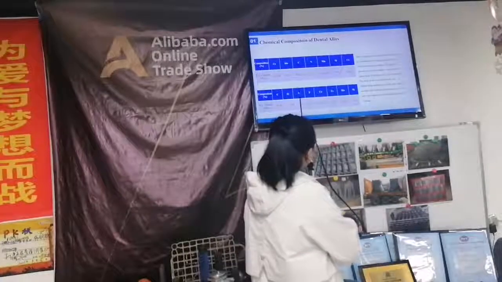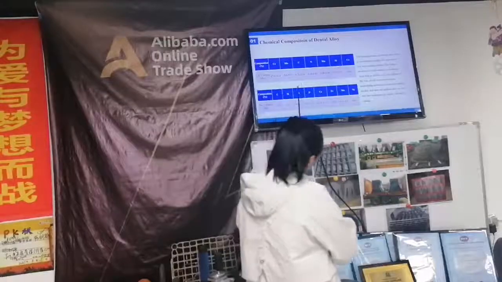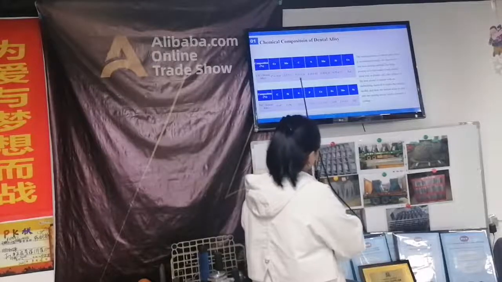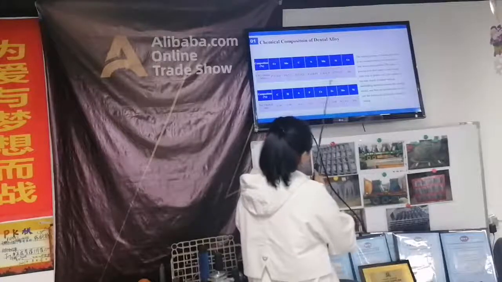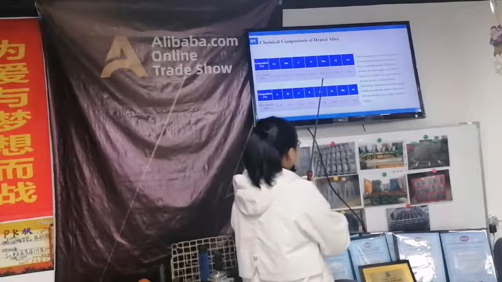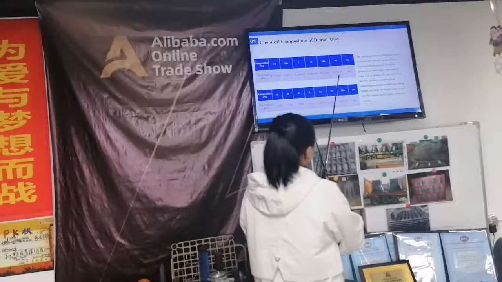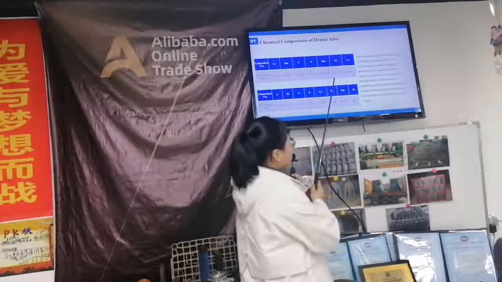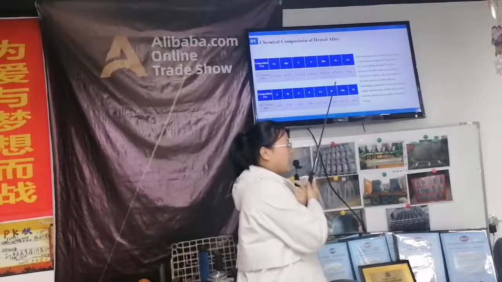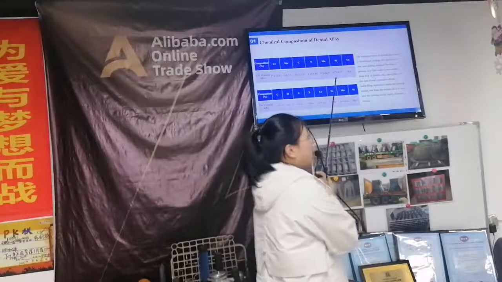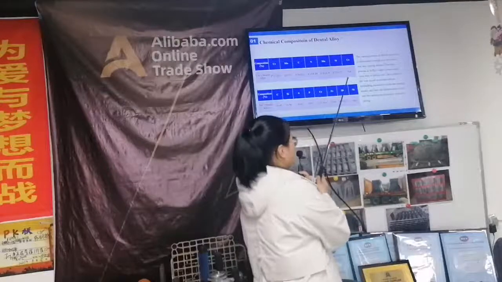For carbon, it's 0.2 to 0.26%. For manganese, it's 0.28 to 0.38%. For silicon, it's 0.75 to 0.97%, and the cobalt is balanced.